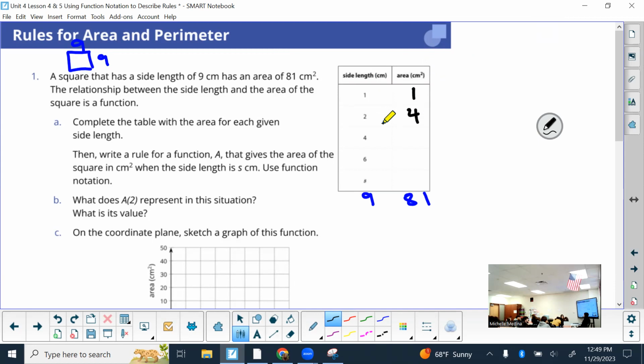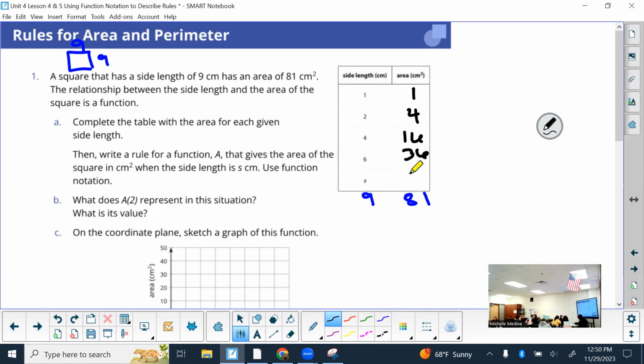Table 5, when my side length is 4, what's my area? 16. Table 1, when my side length is 6, what's my area? 36. And table 2, when my side length is s, what's my area?